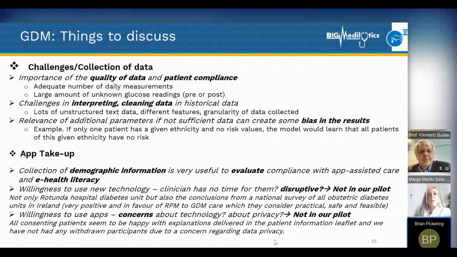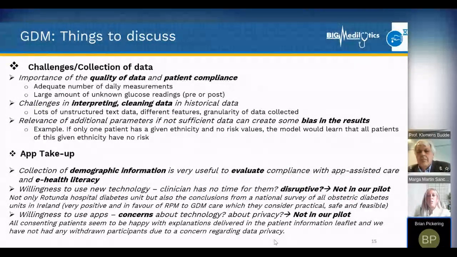And regarding the willingness of the clinicians to adopt this technology, in our pilot, all Rotunda clinicians were very positive about it, but we also conducted a national survey of all obstetric diabetes units in Ireland, and the results were extremely positive, and all of them were in favor of adopting this type of technology as they consider it practical, safe, and feasible.